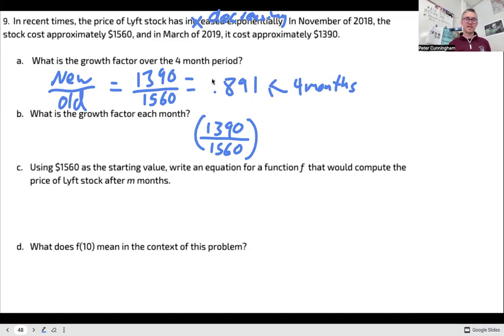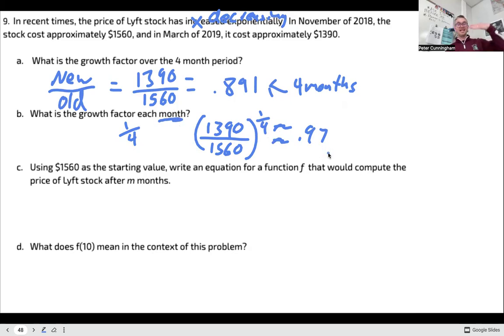Let's think: if I had a 4-month period and I want to know what happened in one out of those 4 months, I take this number and take it to the power of 1/4. And that gives me approximately 0.97.